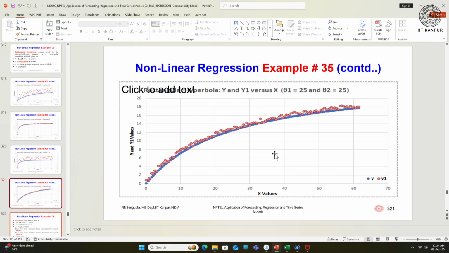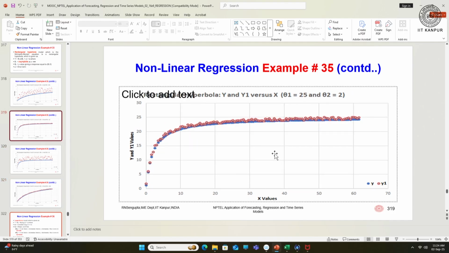Correspondingly, theta 2 in this case, which is highlighted here, is 25, a large value, and in the other case theta 2 is 2, a small value. So, the overwhelming factor, the parameter which has an effect on the curve and its corresponding error, is theta 1.